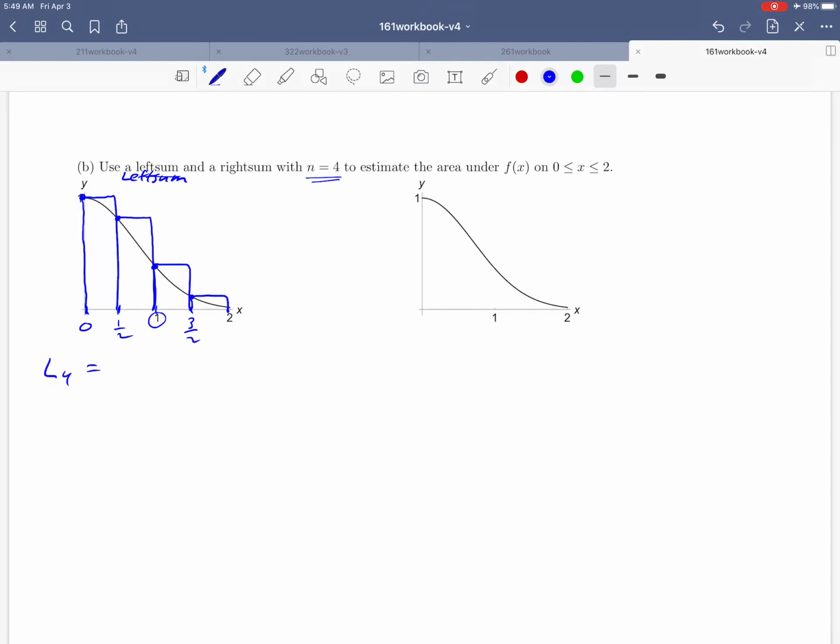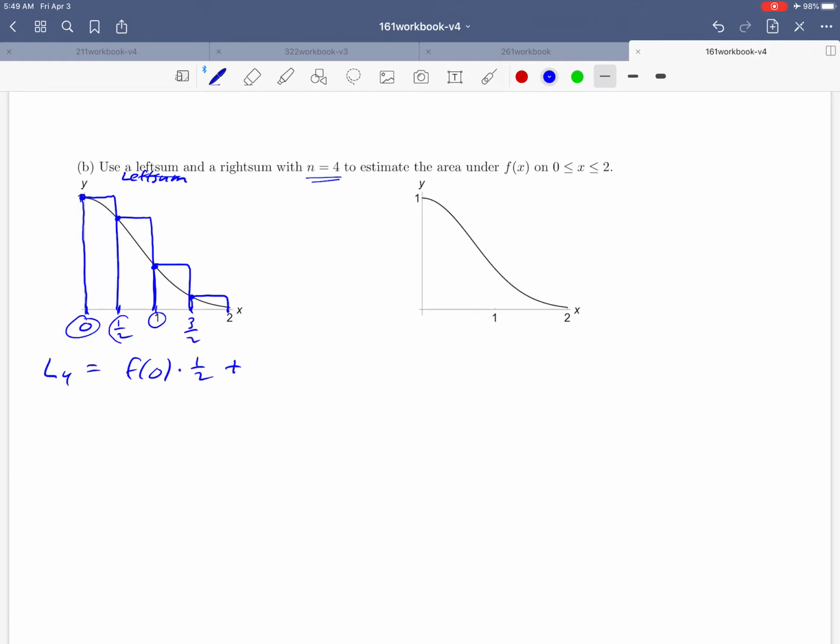The process is going to be the same as above, just that we've got 4 rectangles in this case. So our first left-hand endpoint is 0, so we'll substitute that in. And what is the width of each rectangle in this case? Well, it's half of what it was above. You can see from the picture that each rectangle has a width of 1/2. So f of 0 times 1/2 should be the area of that first rectangle.